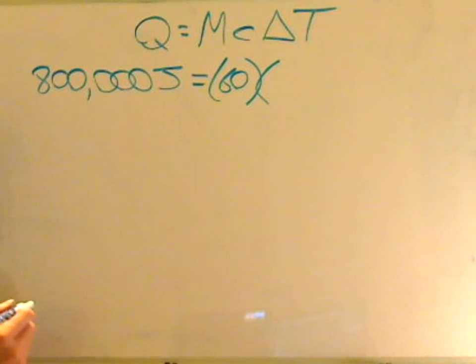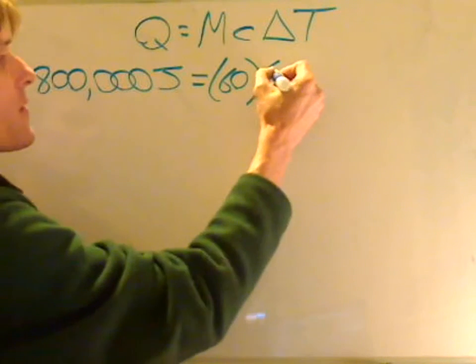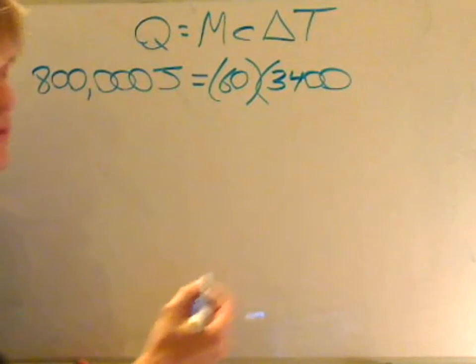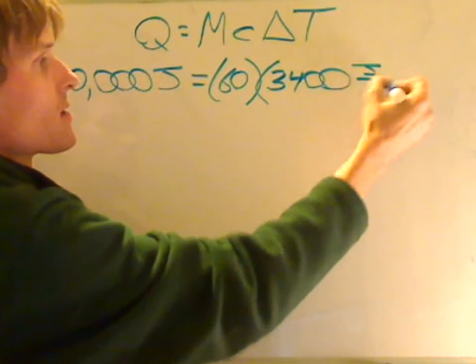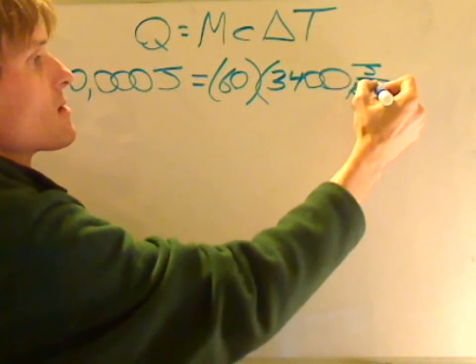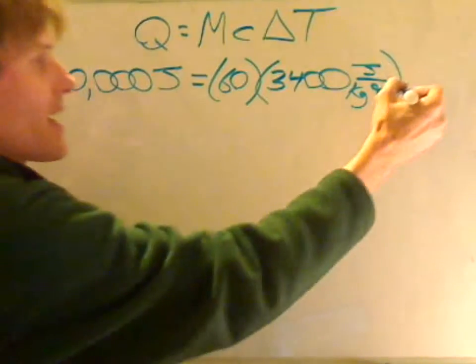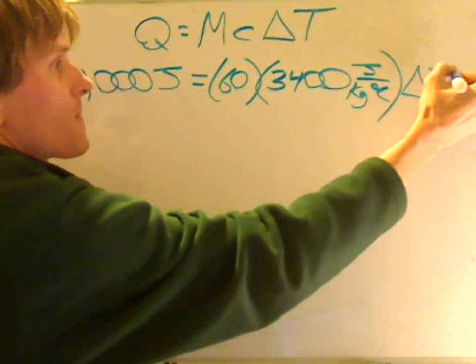Now we need to look up the specific heat of a human body, and this is actually listed in the table in the textbook. The specific heat of a mammal is 3,400 joules per kilogram degrees Celsius, times delta T, our temperature change.